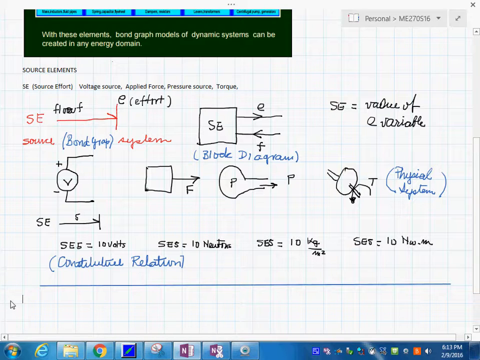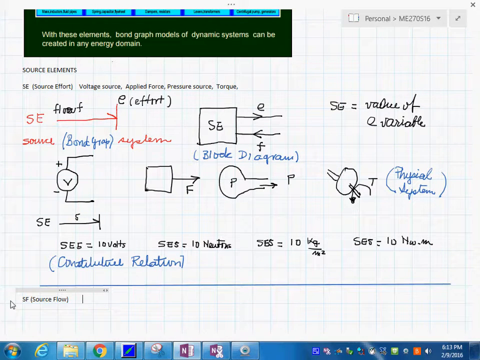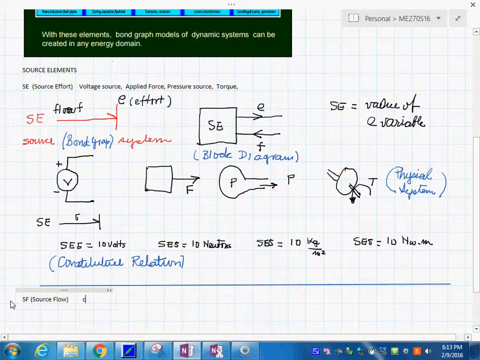Then for a mechanical system, this would be a velocity source. For a hydraulic system, this would be a volume flow source. And for a rotational system, this would be an angular velocity source.